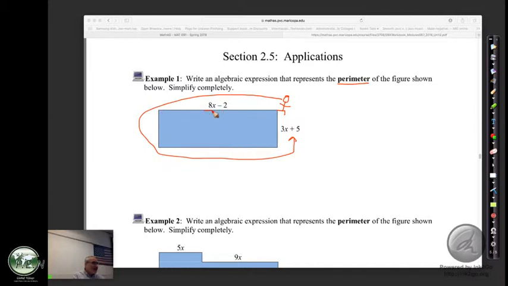So how long is this side? That's all we can say about it. It seems weird because it's not a number, but that's what we got. Then what are we going to add when we come down this side? It's going to be the same length, so we're going to add, I'll put parentheses around them, we don't really need them, but I just want to emphasize that's 3x plus 5.